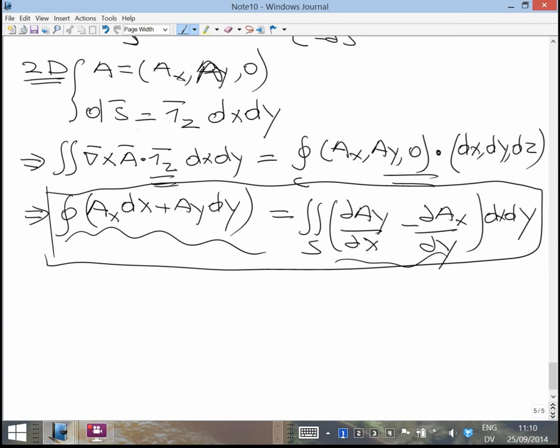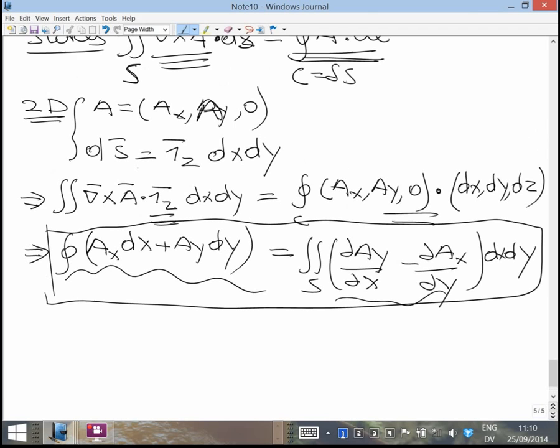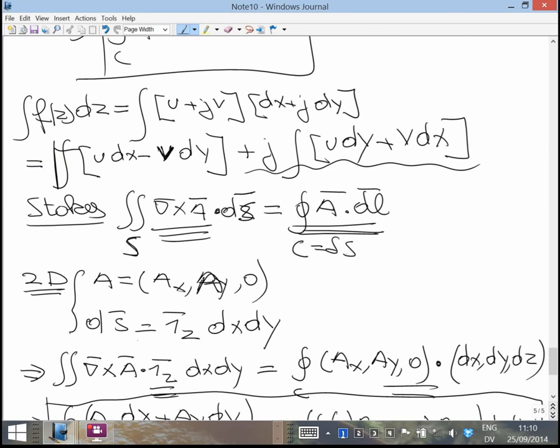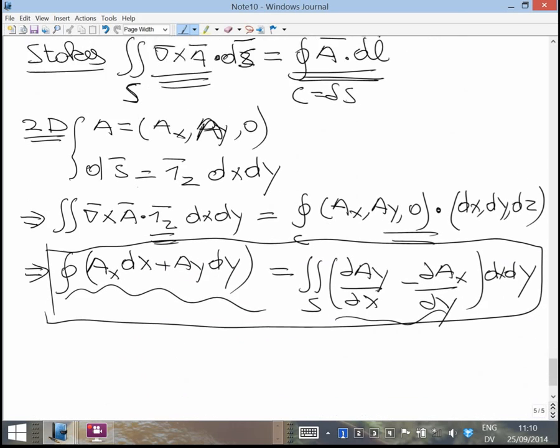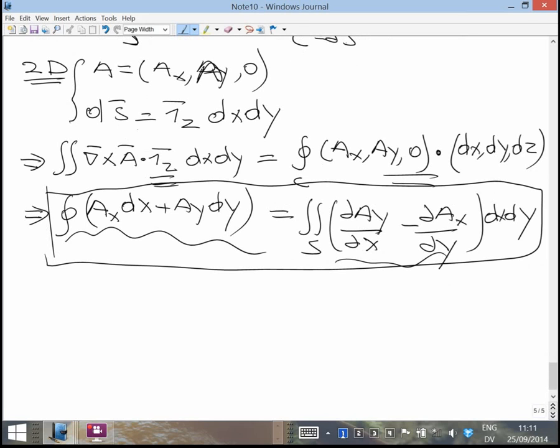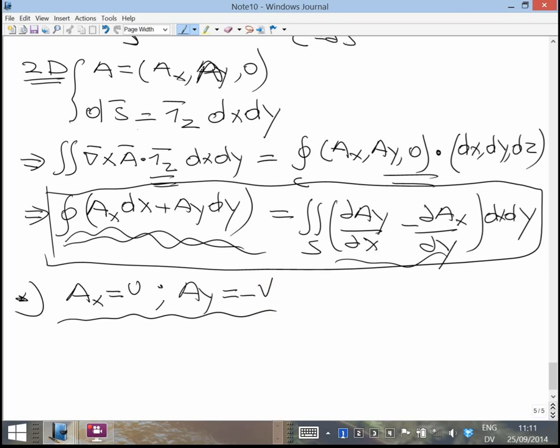So this is what we're going to do. We'll do this in 2 steps. We'll first tackle this part here. And actually, I won't tackle the second part. I will leave that for an exercise for you at home. So we're looking at u dx minus v dy. If we identify that form with the form we have here, for the first part this means that ax now should take the form of u, and ay should take the form of minus v, in order to be able to apply this to the first term.